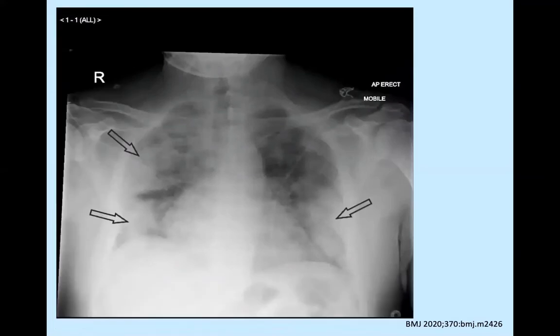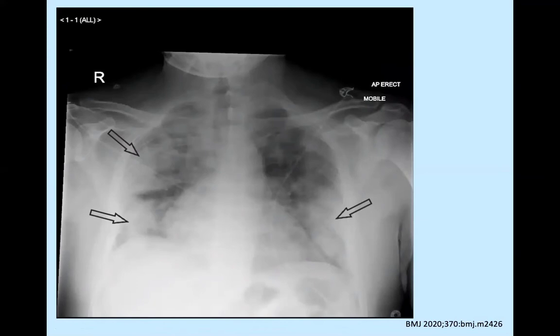As the disease becomes more severe, you see more extensive bilateral consolidation. Although unilateral consolidation and unilateral infiltrates are also recognized, up to 63% of patients, depending on which study you read, may have a completely normal chest X-ray at presentation.